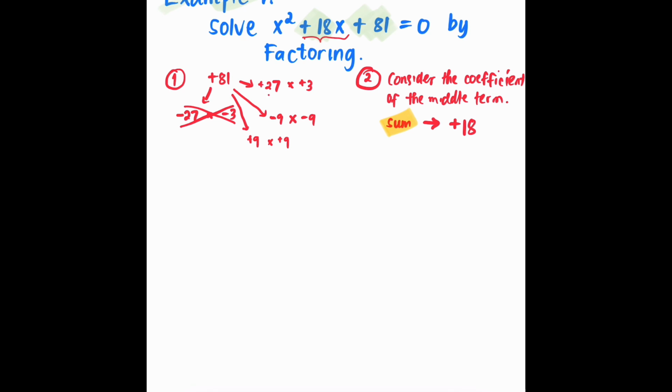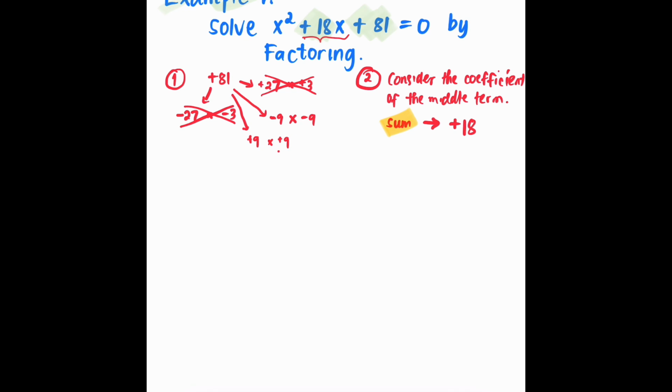Same goes for the other one. We have positive 27 plus positive 3, which is actually positive 30, right? But we're looking for positive 18 because that's the coefficient of the middle term. So we can say that this pair is out.